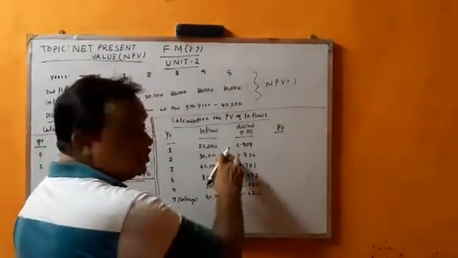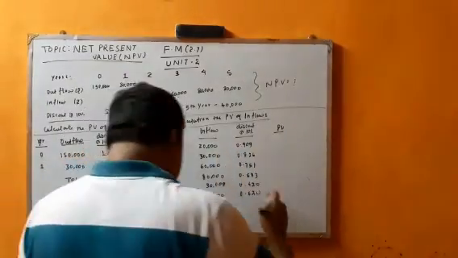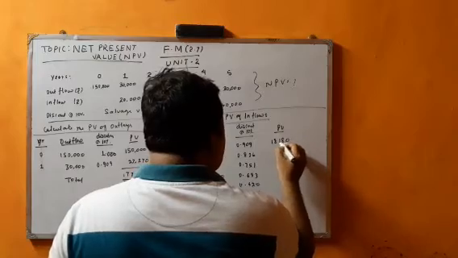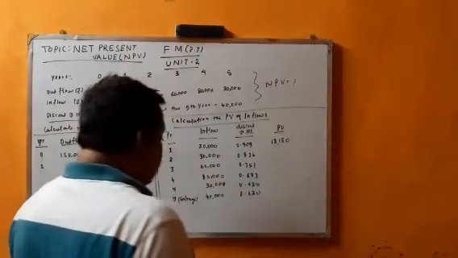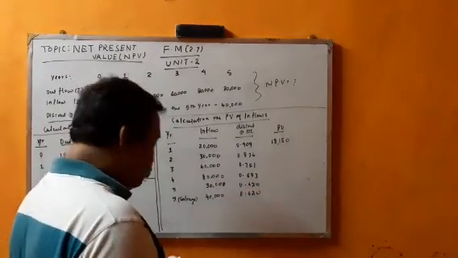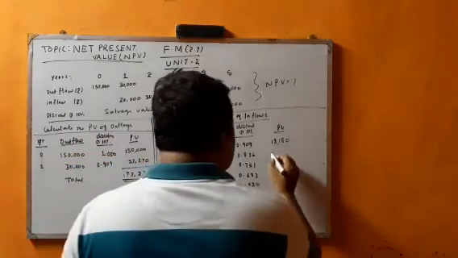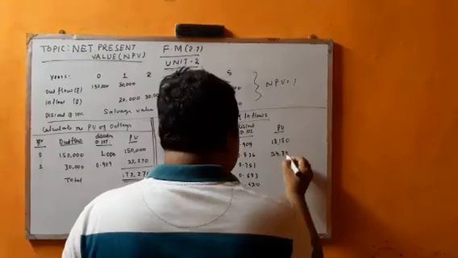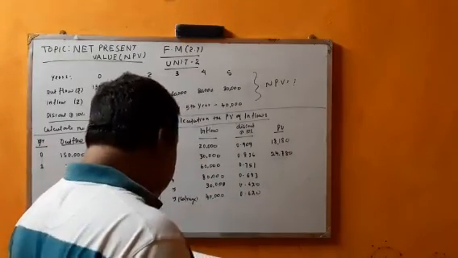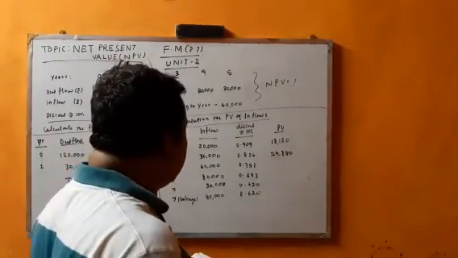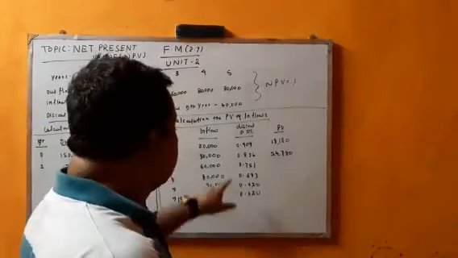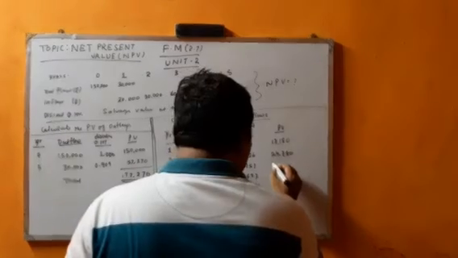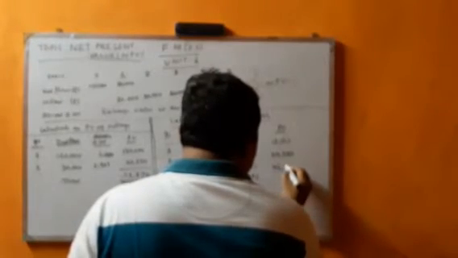So 20,000 into 0.909 is 18,180. Then 30,000 into 0.826 will get 24,780. Then 60,000 into 0.751 we will get 45,060.